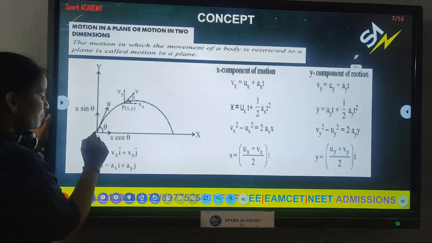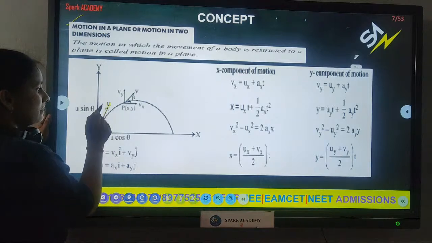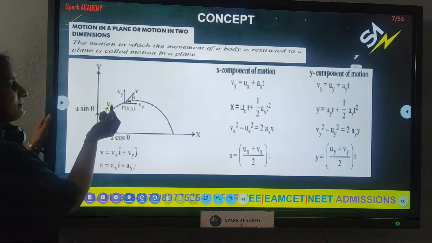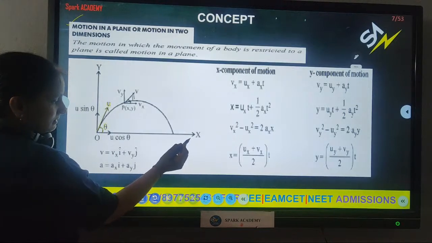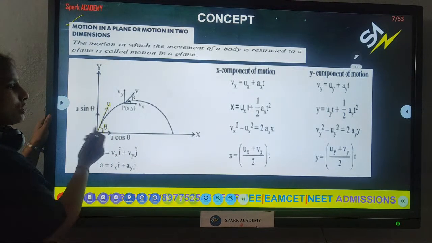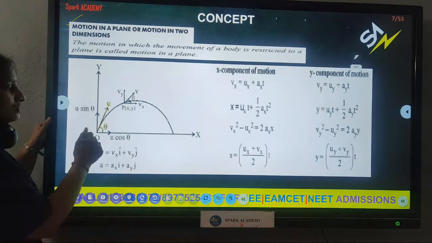If a body is given an initial velocity, this velocity is a vector. This velocity, making angle theta with the horizontal, can be resolved into its components. Here we are using the concept of resolution of vectors.